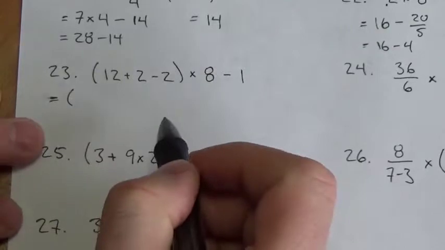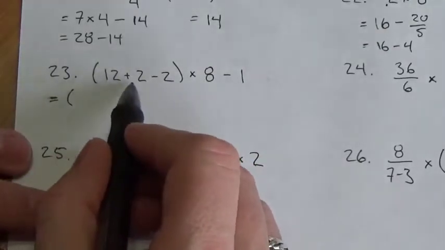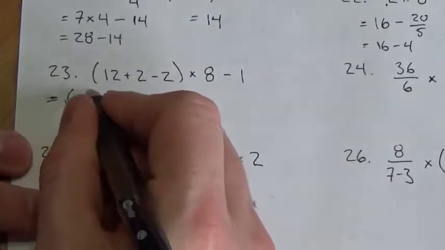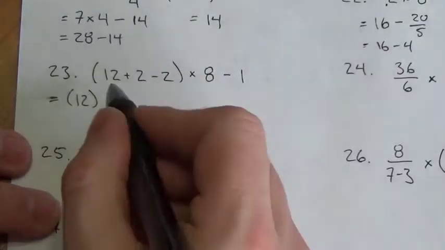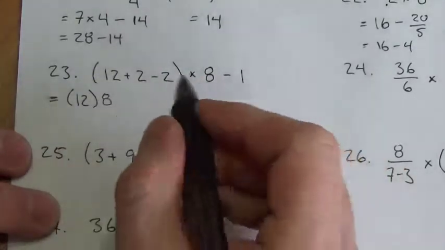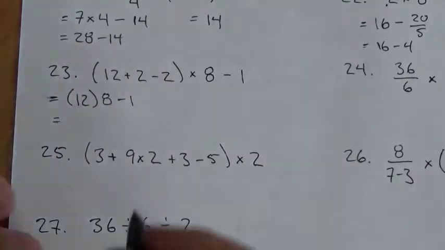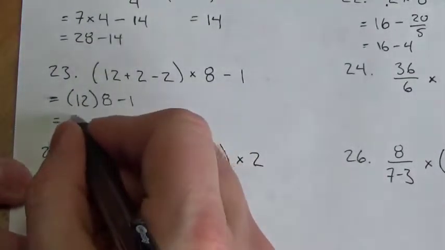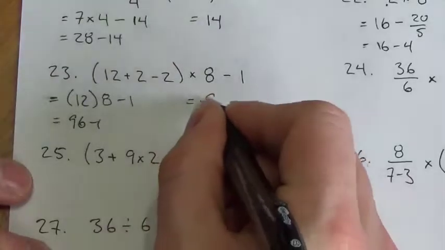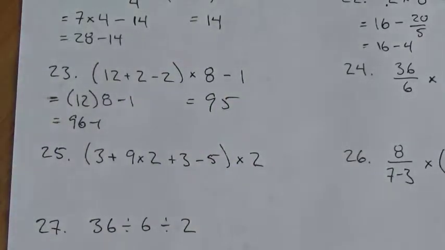But those two operations are very, very related. 12 plus 2 is 14, minus 2 puts me right back to 12. Those 2 minus 2 cancel. So I've got 12 multiplied by 8 minus 1. Do the multiplication. 12 times 8 is 96, minus 1, and so my answer is 95.